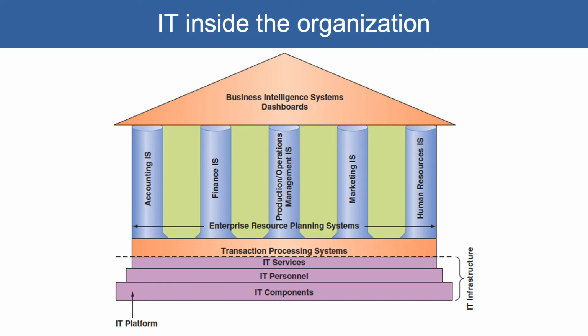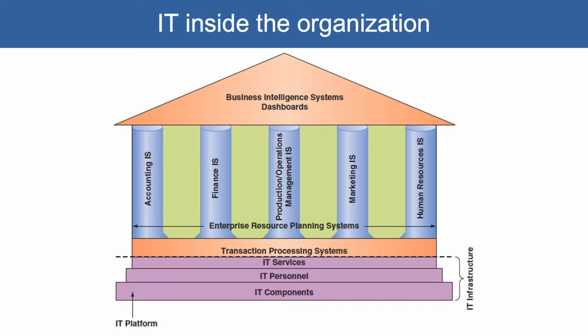And we've got a couple different types of what we have as these columns in the temple here that we're showing. And these are the different silos. So this is how early information systems were introduced inside of the organizations, typically done as silos. So systems with specific functions.